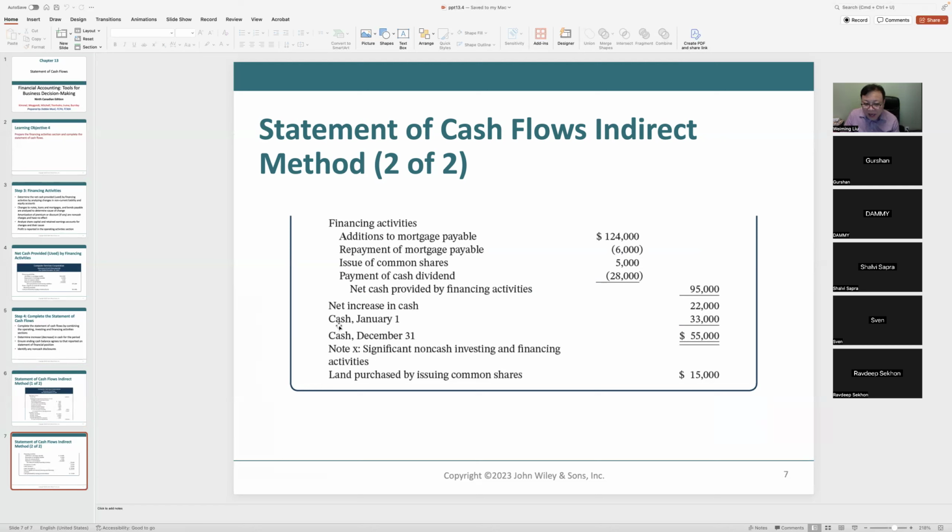January 1st, the cash balance is 33,000. And over the period of time, the cash increased by 22,000. So my December 31st ending balance of cash is 55,000.